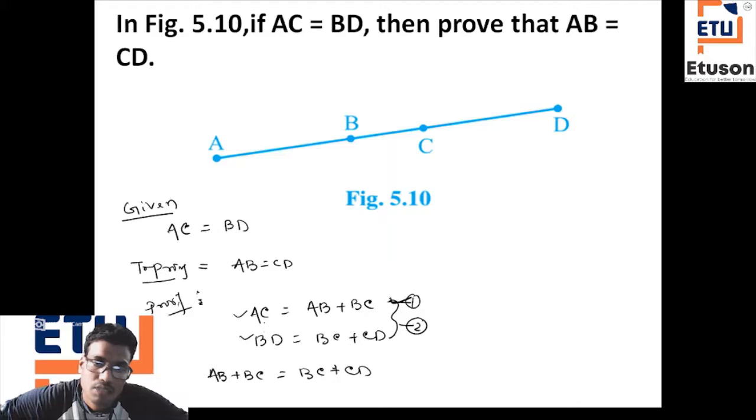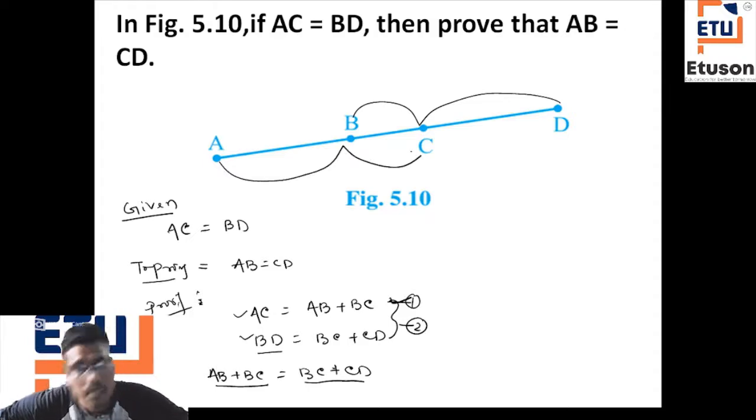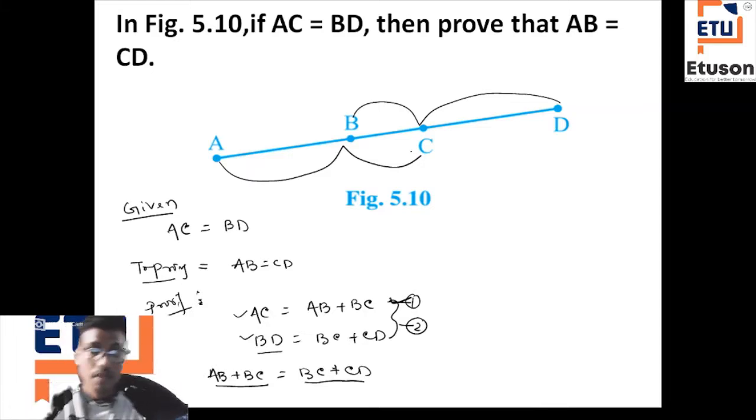Instead of writing AC, I will write AB plus BC, and in place of BD, I will write BC plus CD. Check that one. BD is nothing else but BC plus CD, and AC is nothing else but AB plus BC. Correct? Okay. Good. Excellent.